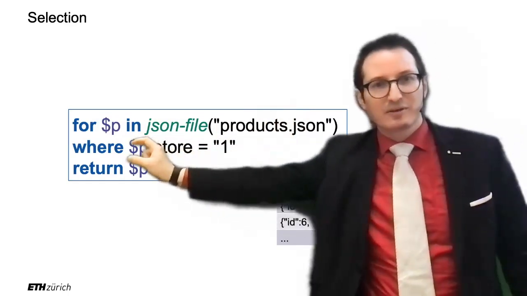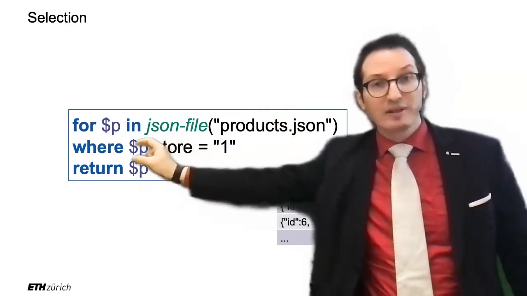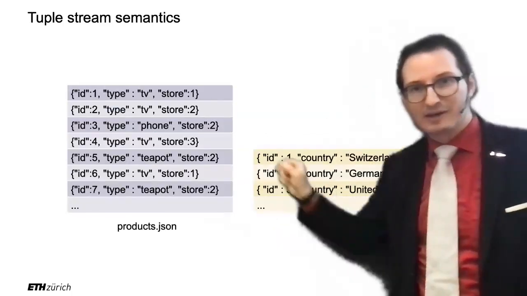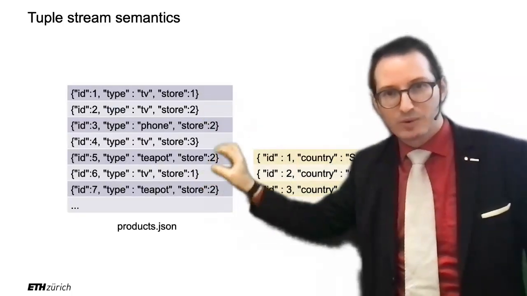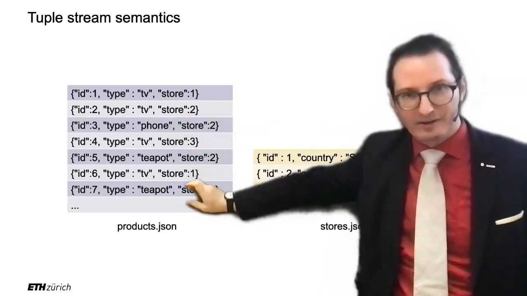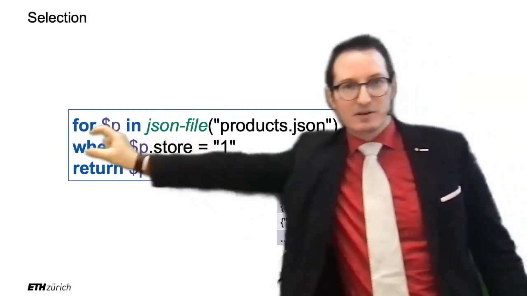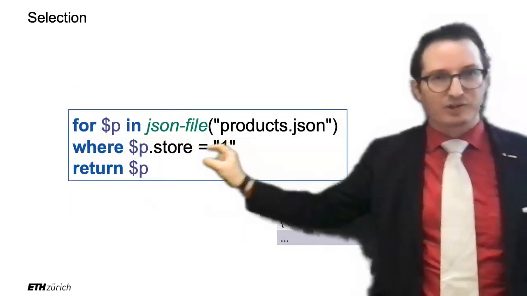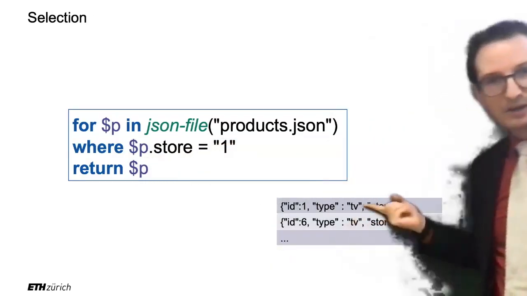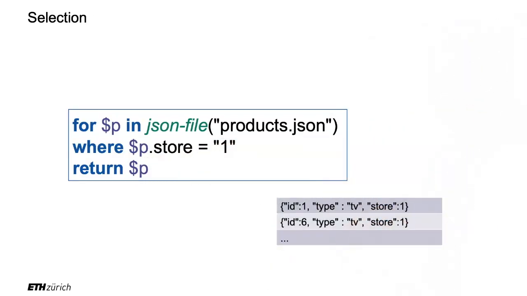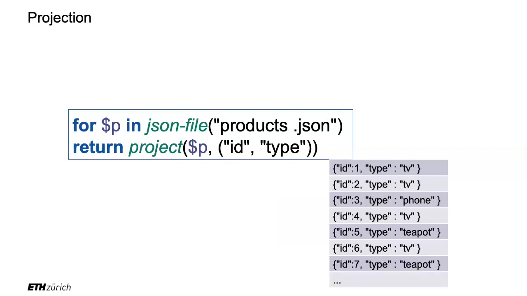And what's happening here is that you filter and only keep those for which the store is one, right? So you will keep this one, you will keep this one, and those are just thrown away, right? And so this is exactly how we do our selection. Then you return $P, and you get this, okay? So this is a selection. This is easy because it's exactly like in SQL. It's the where clause, just like in SQL.